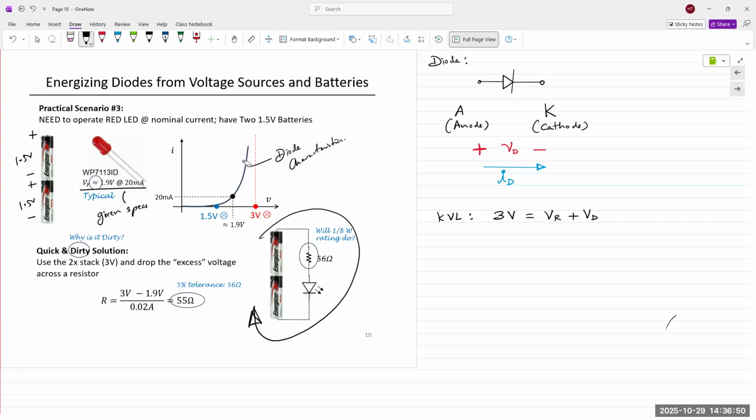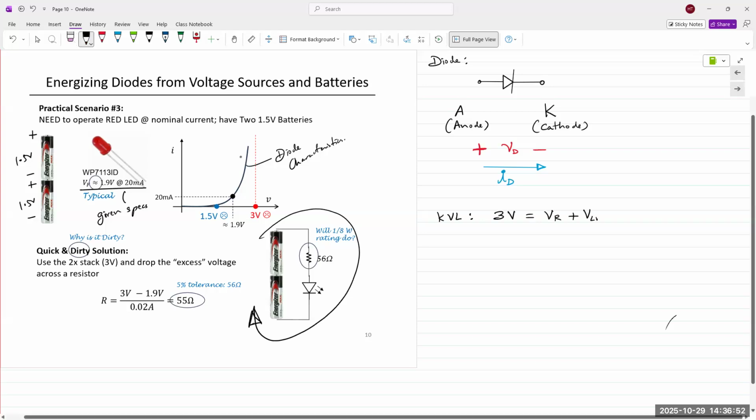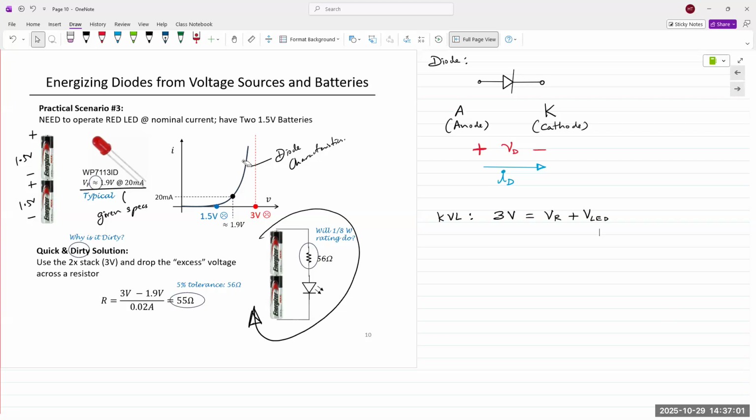VR plus VLED or VD. Either way, it doesn't really matter. You're supplying 3 volts from your batteries, goes into the resistor and into the diode.